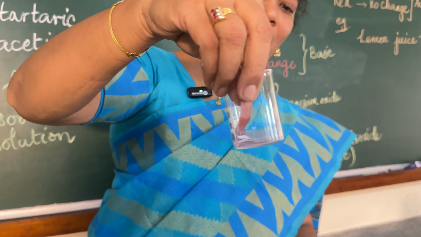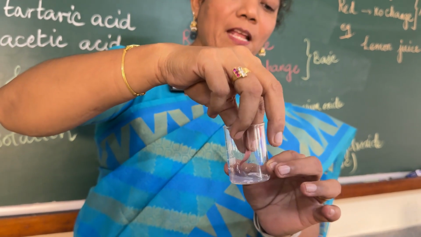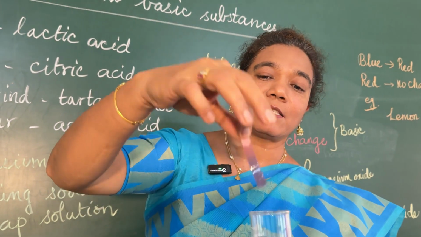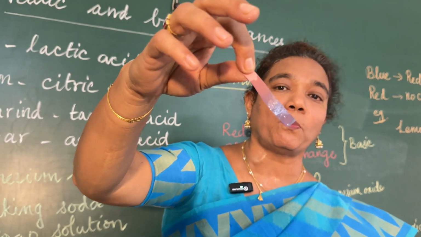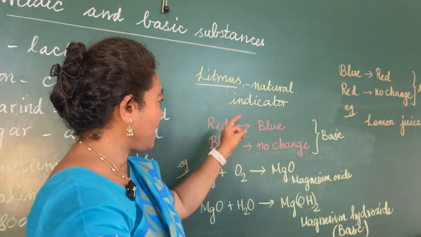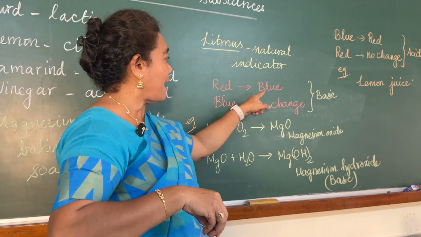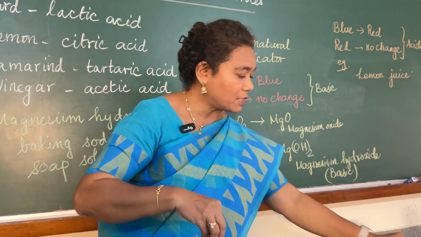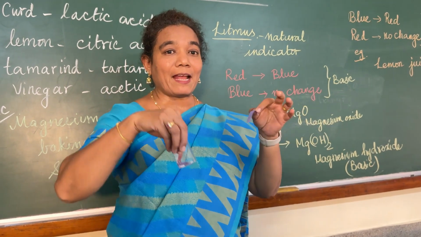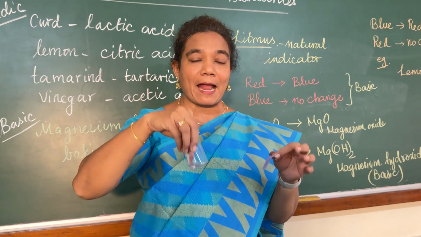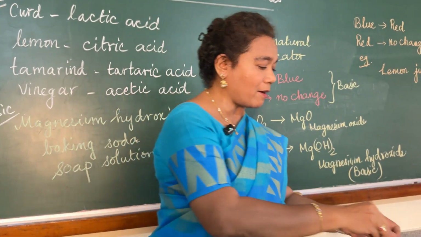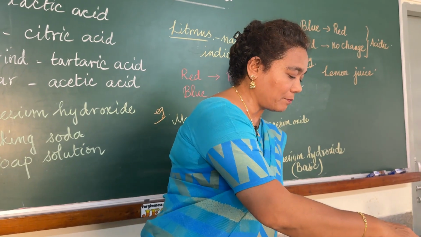See, we are dipping the red litmus paper in the magnesium hydroxide solution, and the litmus paper changes into blue color. Can you see this? Red litmus paper changed into blue color. But for the blue litmus, there is no change. So we can confirm that this magnesium hydroxide is basic in nature. Understood? So magnesium hydroxide is basic in nature.